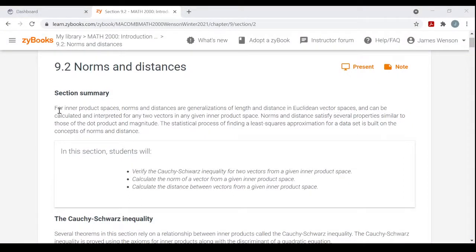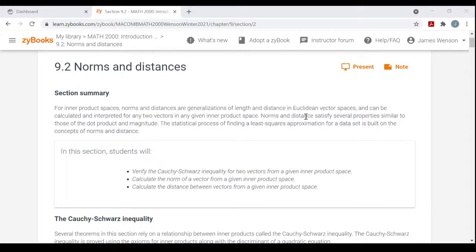All right. So for inner product spaces, norms and distances are generalizations of length and distance in Euclidean vector spaces, as I was just saying, and can be calculated and interpreted for any two vectors in any given inner product space.